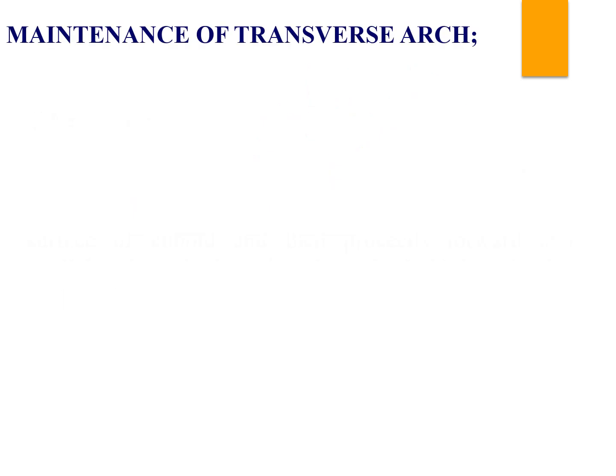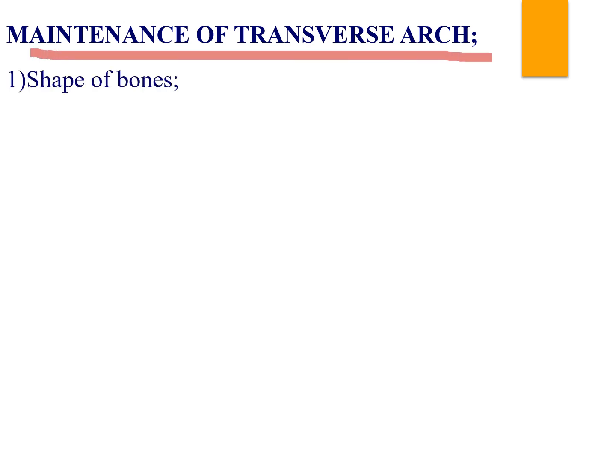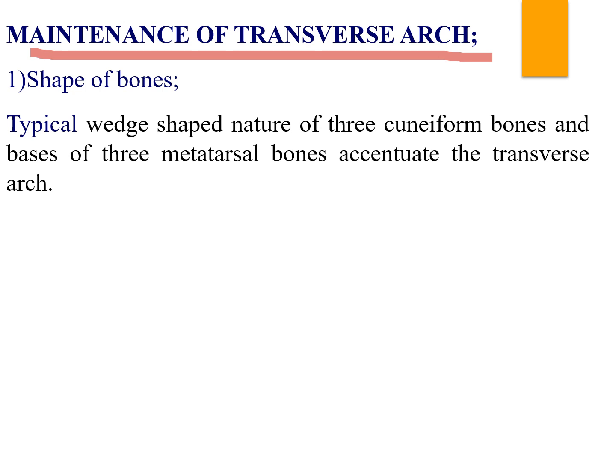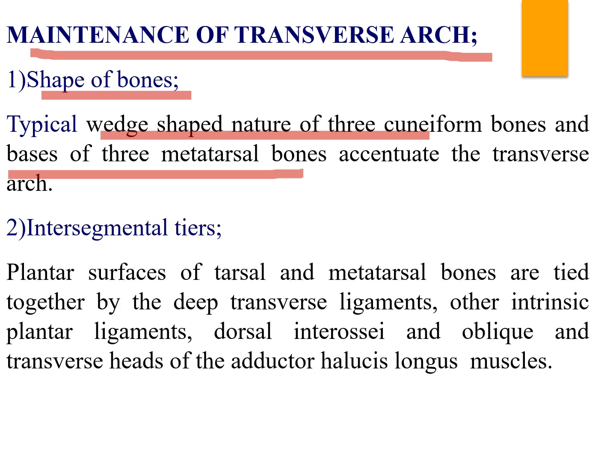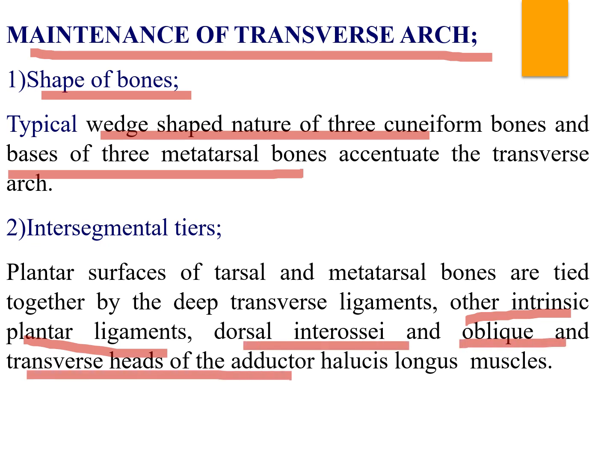So for maintenance of the transverse arches, the same factors which maintain the medial and lateral longitudinal arches will come. Shape of the bone: wedge-shaped cuneiform bones and bases of the 3 metatarsal bones. Intersegmental tires: we have to remember other small plantar ligaments, dorsal interosseous, and the oblique and transverse heads of the adductor hallucis.